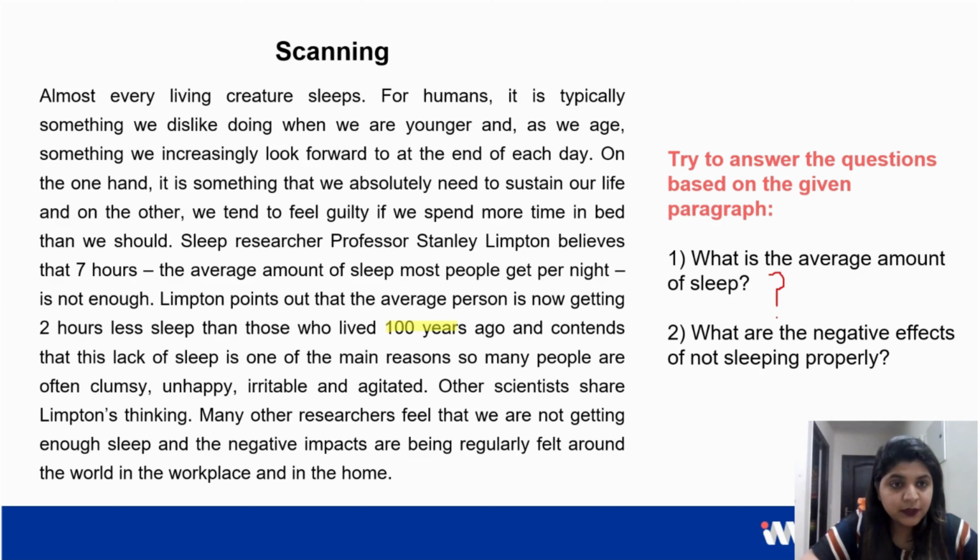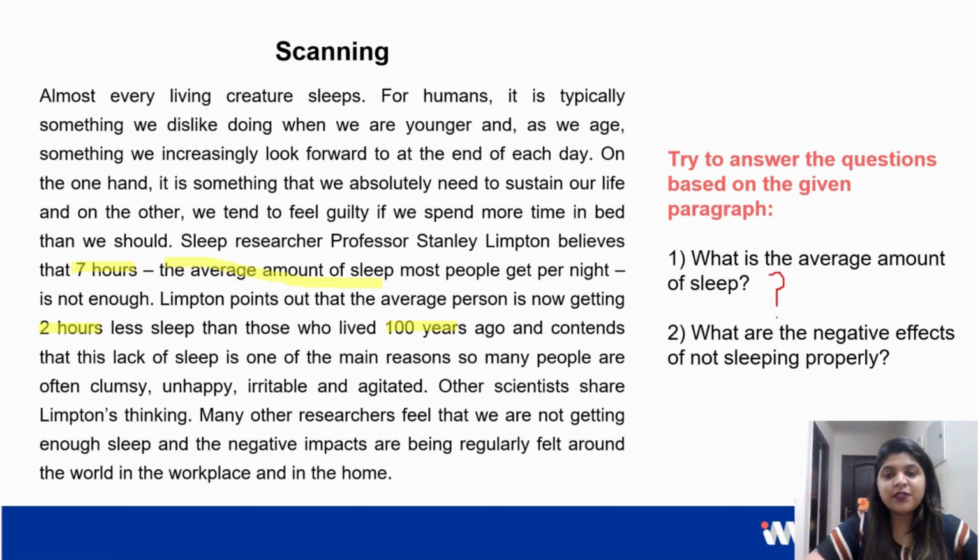Another number is here. I am able to locate 7 hours and 2 hours. So now let us read from here just to confirm what can be my answer. So here it is, Professor Stanley Limpton believes that 7 hours is the average amount of sleep. So I got my answer. Without reading the entire text, I was able to locate my answer.